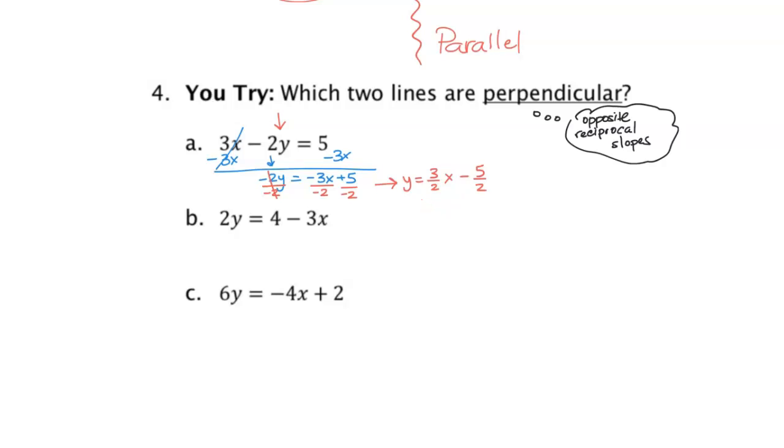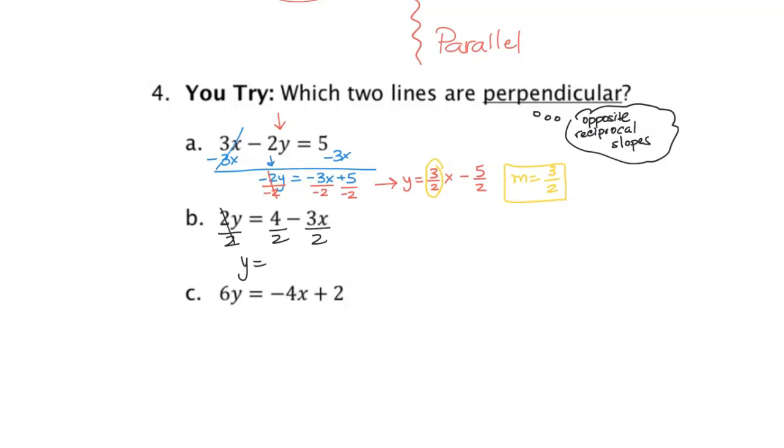So our slope for letter A is 3/2. So m equals 3/2. All right. For B, we'll have to divide by 2.